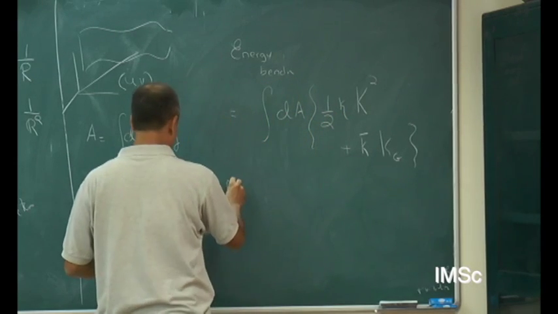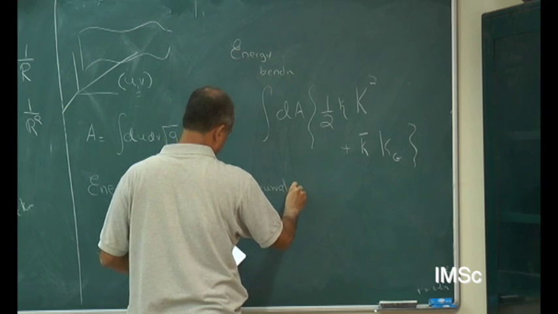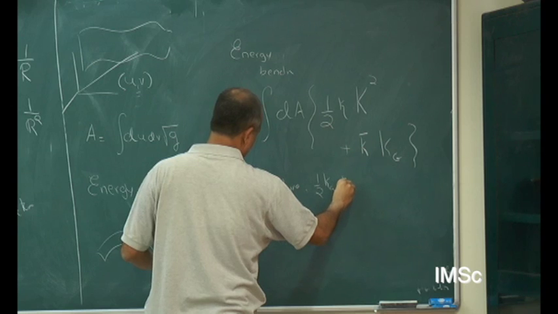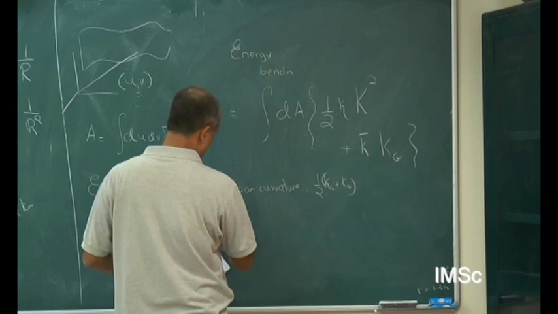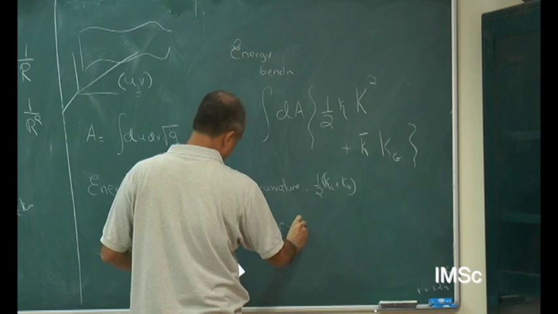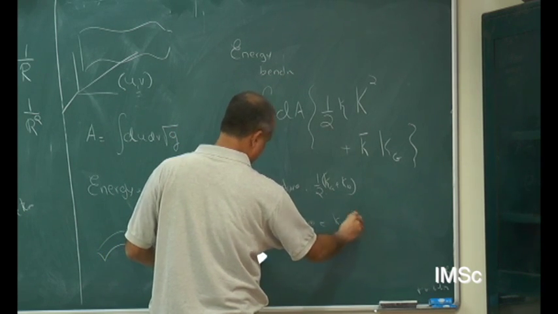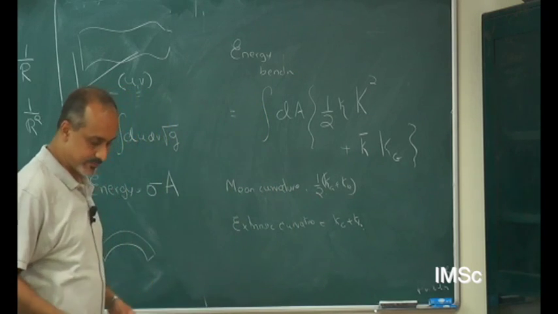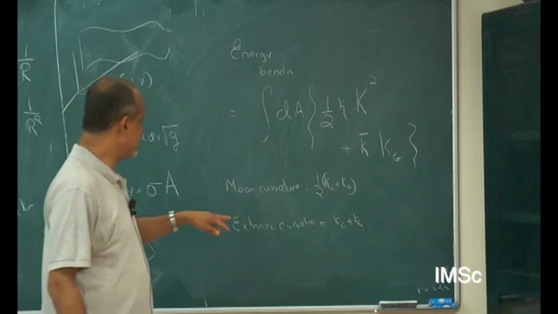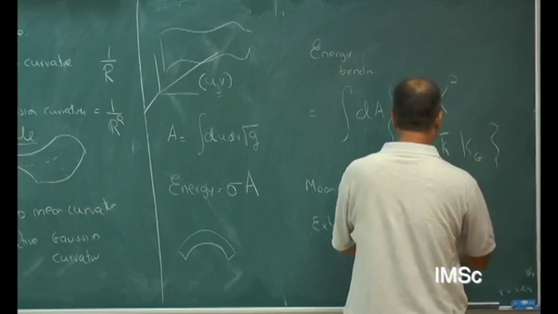I defined my mean curvature to be 1/2 (Ka plus Kb). I can define a quantity which is very much the same thing, called an intrinsic curvature, which is Ka plus Kb without the factor of 1/2. Now that simplifies things a little bit. So what enters here is this quantity K, which is the extrinsic curvature.